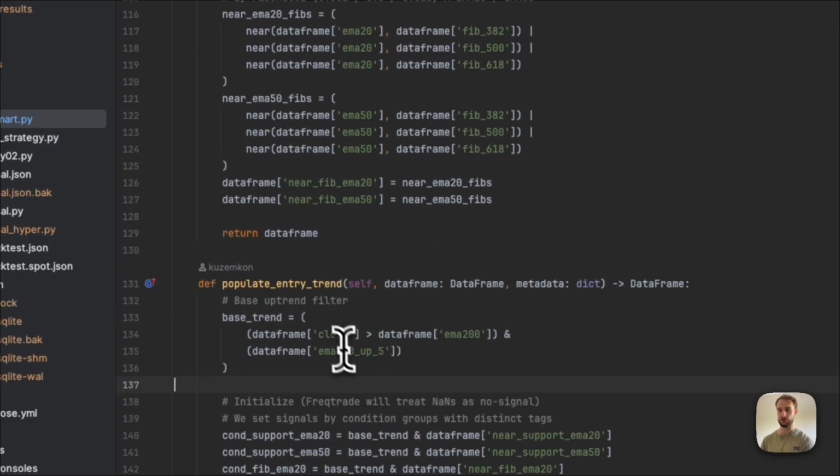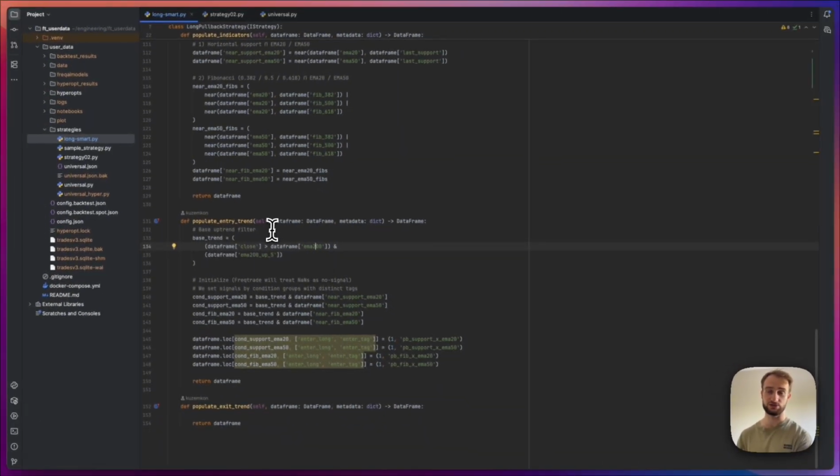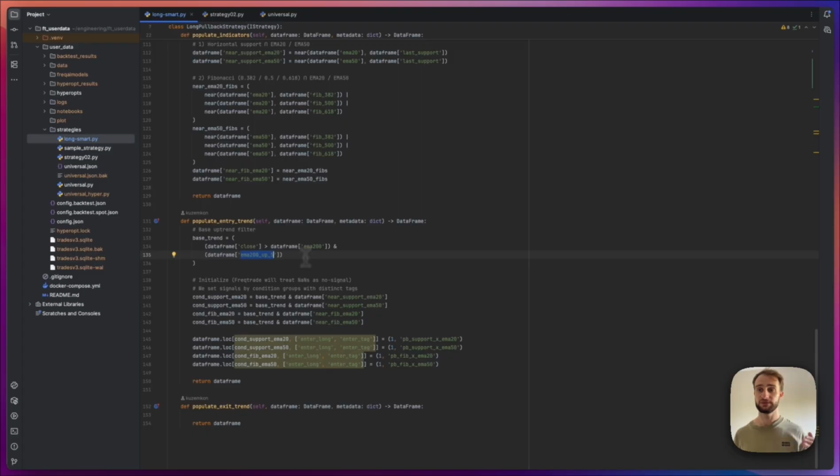It checks if the price is higher than EMA 200, because if the price falls below EMA 200, it's a strong signal of a reversal, a strong bearish signal. We want to make sure we're on the bullish side, and that the EMA is growing: not flat, not decreasing, only growing for the last 5 candlesticks, because we're only going long here.